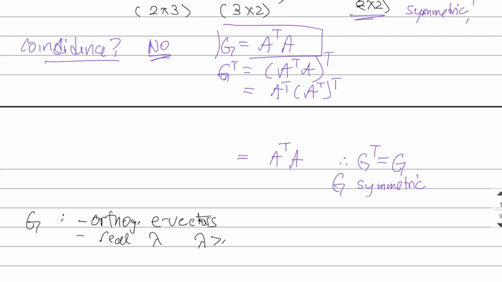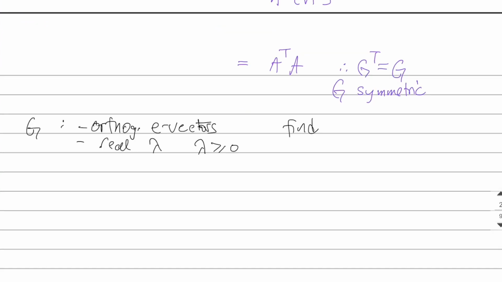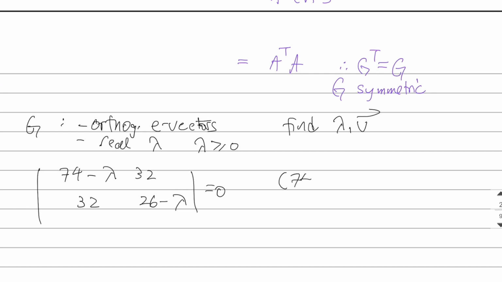And at worst, they're going to be 0. So let's find the lambdas and the v's. The first step in doing this process by hand is simply to form this usual determinant and set it equal to 0. Now this is going to end up being a quadratic because we've got a 2 by 2 matrix.